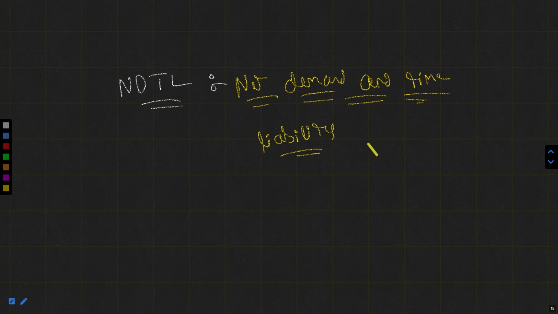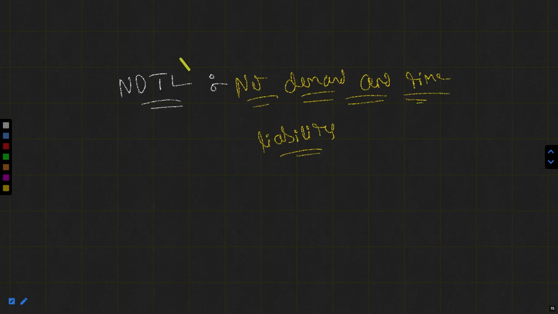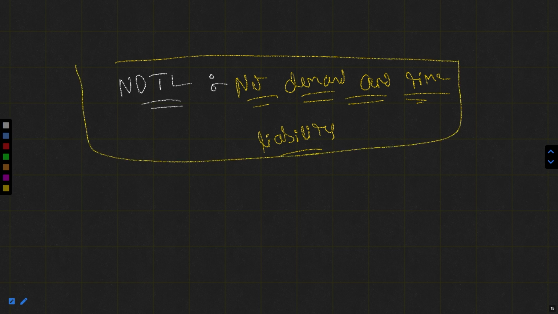Net demand and time liability. That's what we have discussed. So basically, the bank has to maintain certain reserve ratios so that it could fulfill this obligation. And these ratios are in the form of CRR and SLR: cash reserve ratio and statutory liquidity ratio.